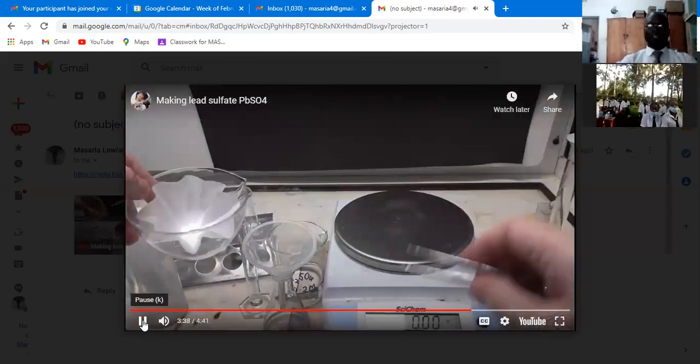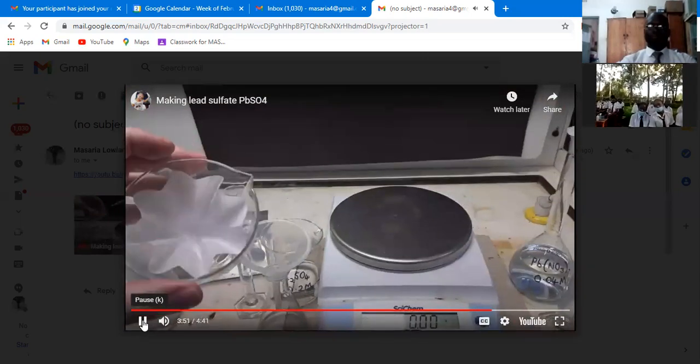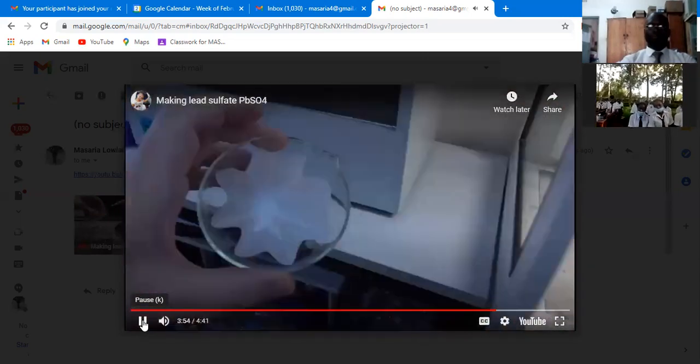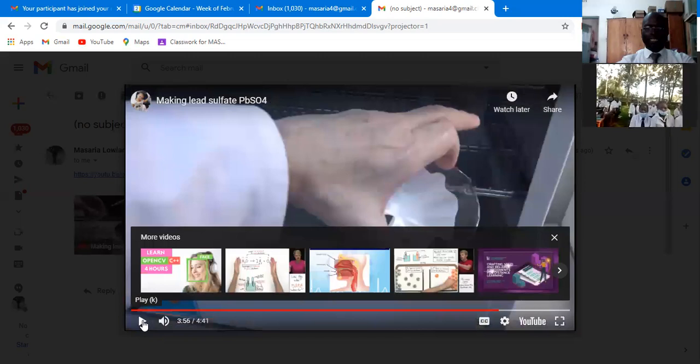So that is kind of like an evaporating dish. The precipitate is being transferred to a drying chamber where we shall evaporate all the water from it so that it is completely dry. Let's observe.